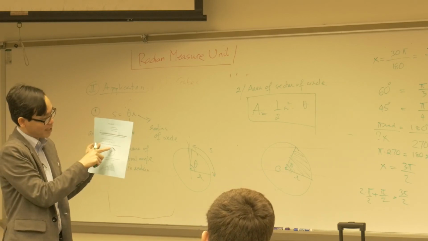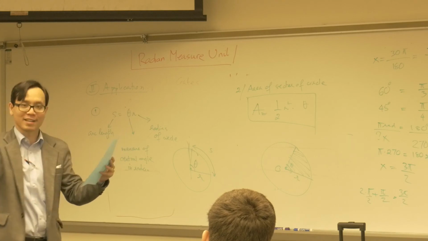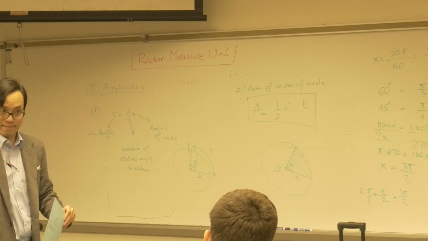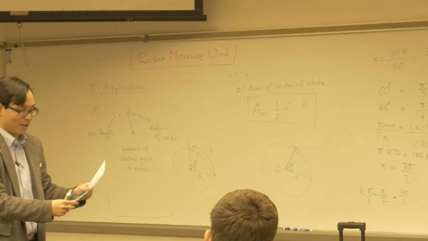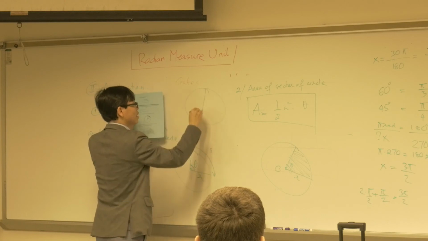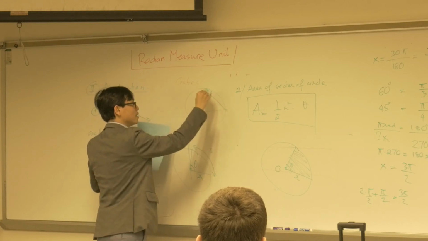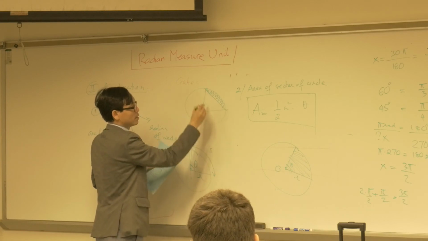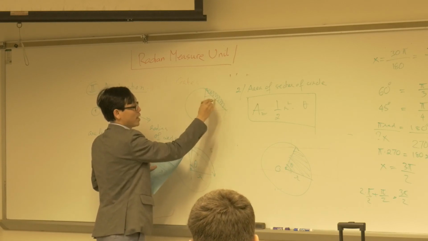You want to find the center one, so you find the whole sector. You subtract the area of the triangle. Not the whole circle, like right now the picture is like this, right? And you want to find this. So you find the whole sector of this piece, then you minus the area of the triangle here.